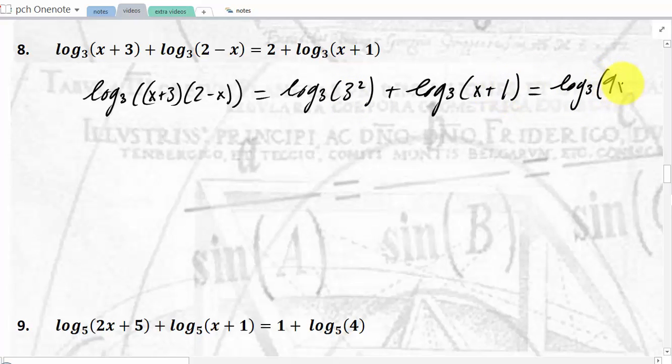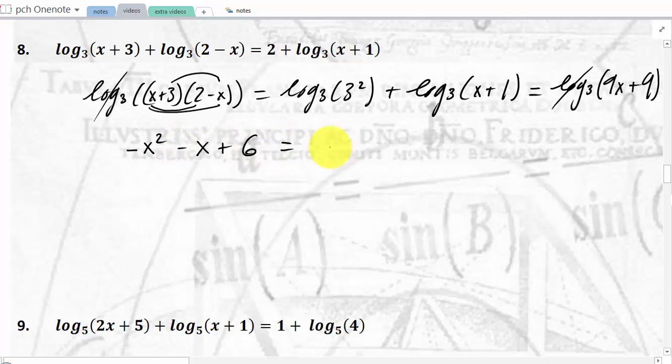So it's 9x plus 9. I know I'm going to have to expand everything, so I'm just starting right here, all right? So, of course, equality of output implies equality of input. Let's expand that. So we have negative x squared. How many x's? We have minus 3 plus 2. So it's minus x plus 6 equals 9x plus 9.